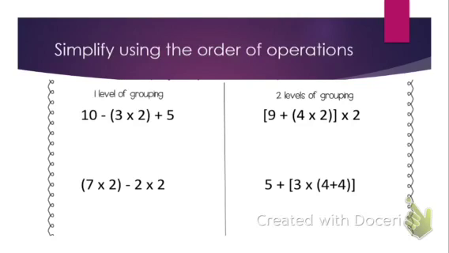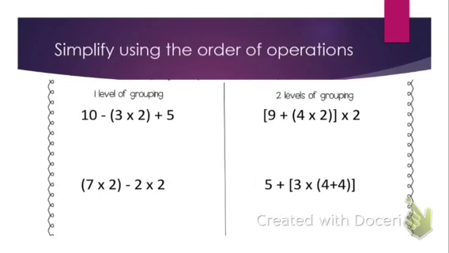Now let's begin, and we'll solve a few examples. We will simplify using the order of operations. As you can see, I have 4 examples that I'm going to solve with you today. If you look towards the left, there's 2 examples, and those 2 examples only have 1 level of grouping.